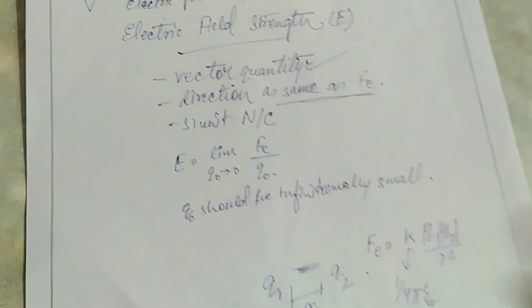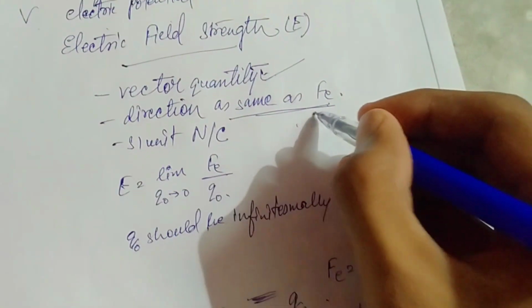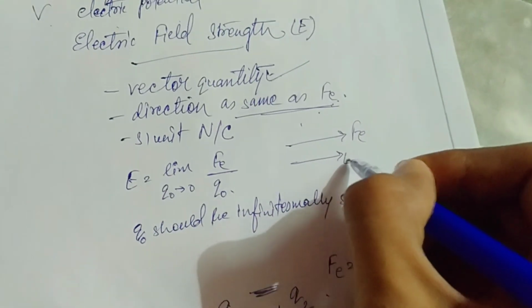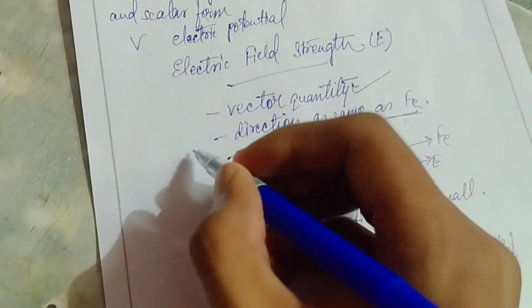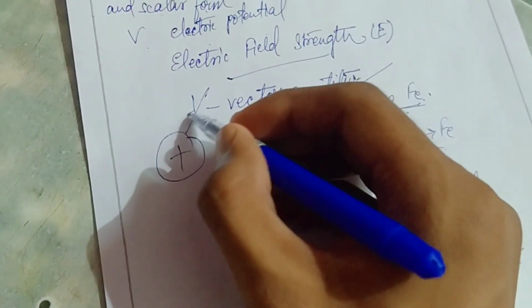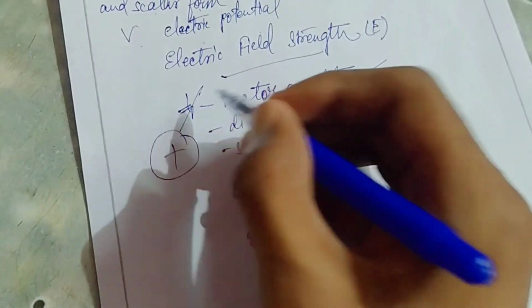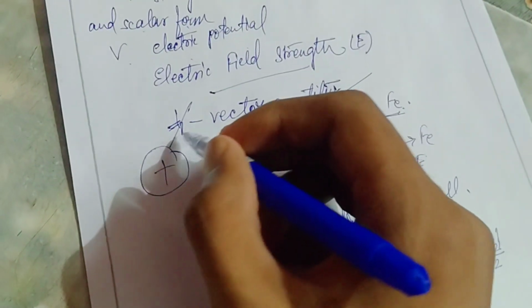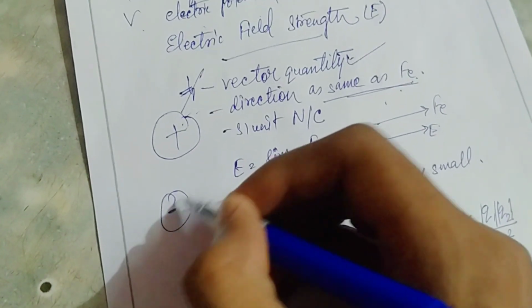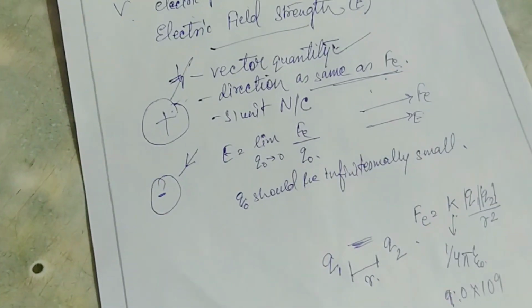The direction will be the same as that of Fe. If the charge is positive, then the electric field direction will be radially outwards, and when it's negative, it will be radially inward.